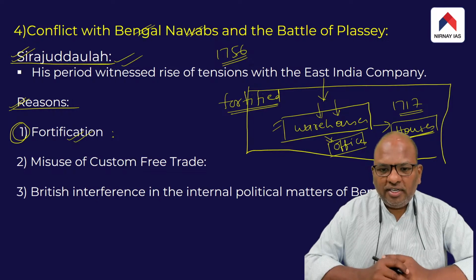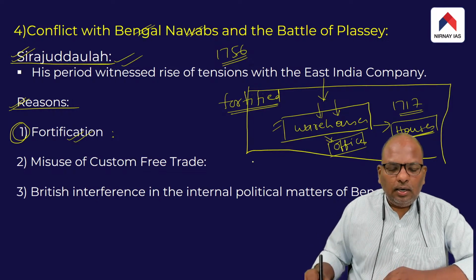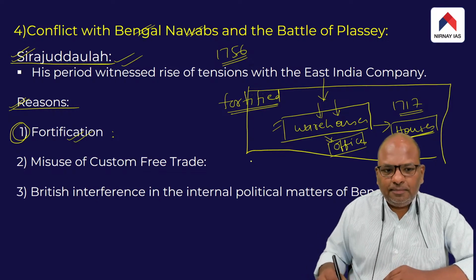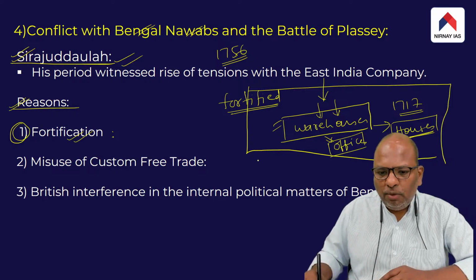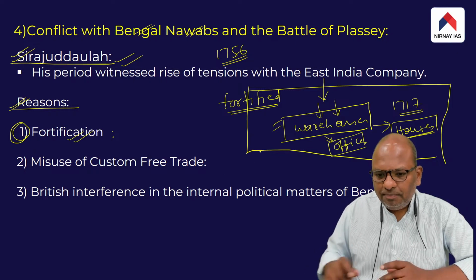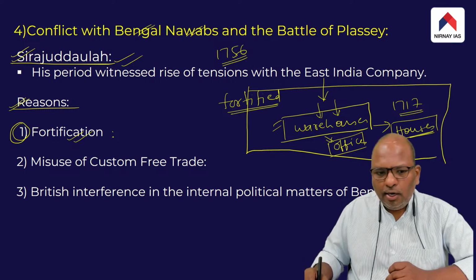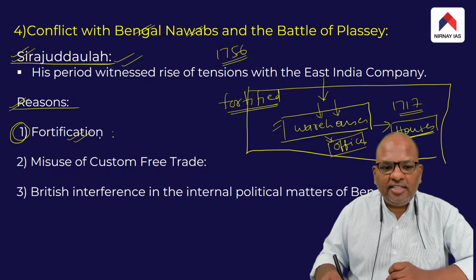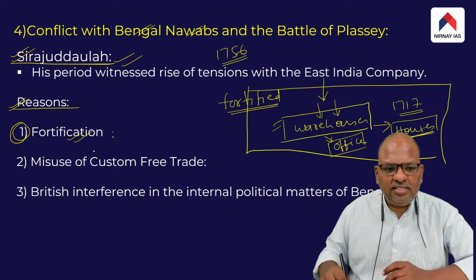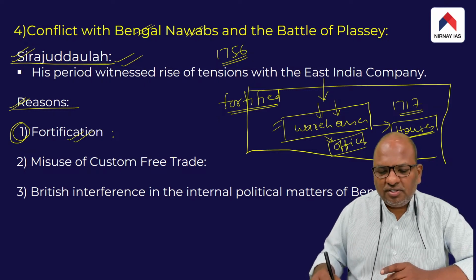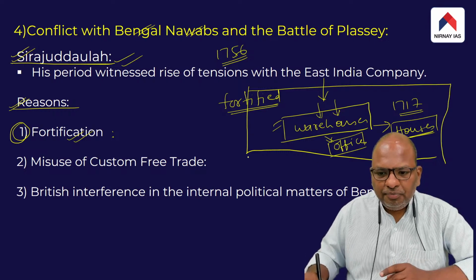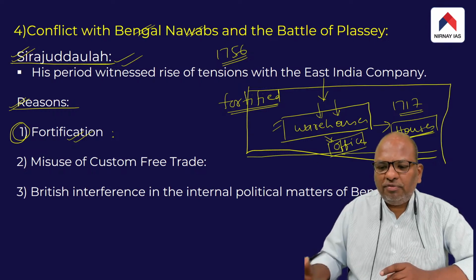So the whole point is, Siraj-ud-Dawla ordered the European trading companies operating in Bengal to destroy their forts. Basically, he ordered them to stop fortification of their settlements.